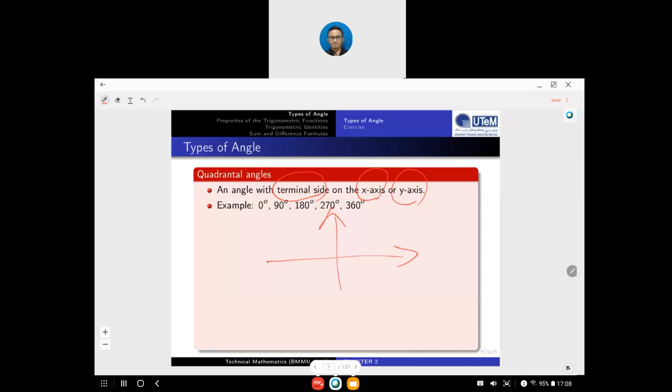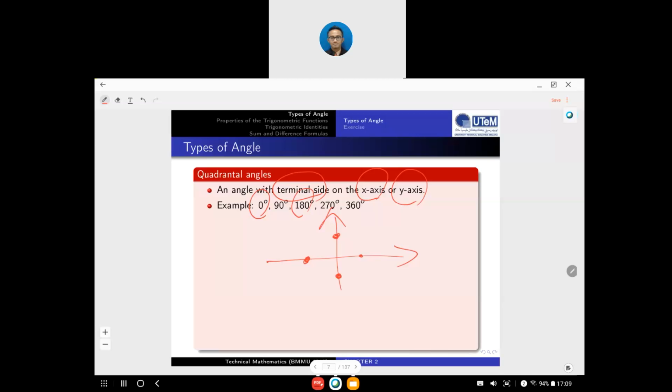We start with 0, bila dia duduk sini, on the x-axis. Then here, on the y-axis, 90 degrees, also a quadrantal angle. The third one, 180, also quadrantal angle. And when you have the angle here, 270 degrees, also a quadrantal angle.